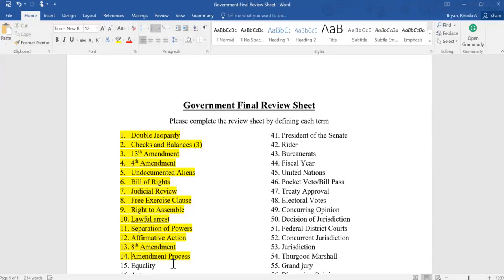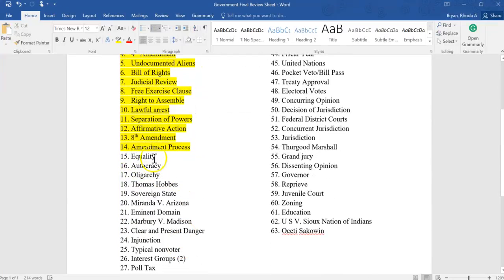A great example of that is Prohibition and illegal alcohol. It was made by the 18th Amendment, and then the 21st Amendment switched it back.